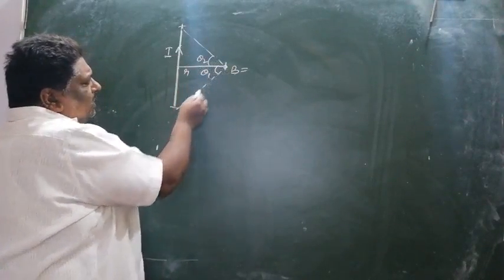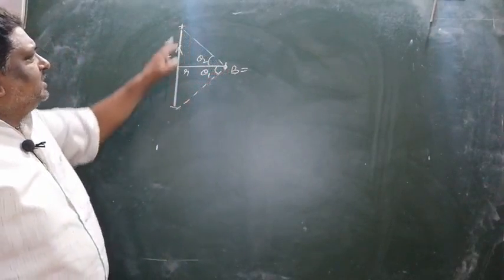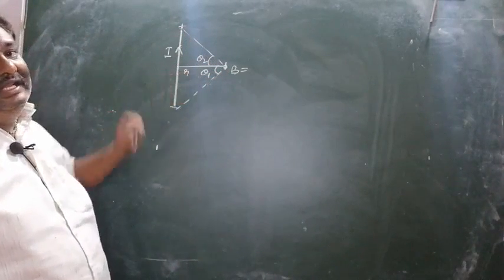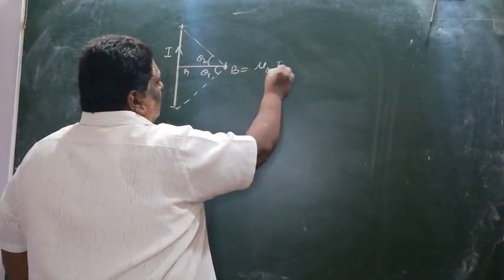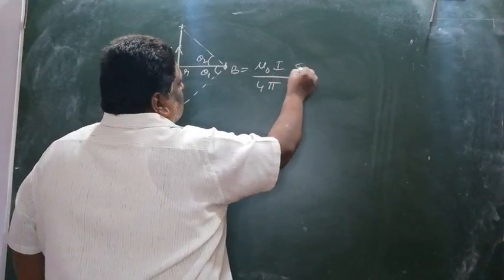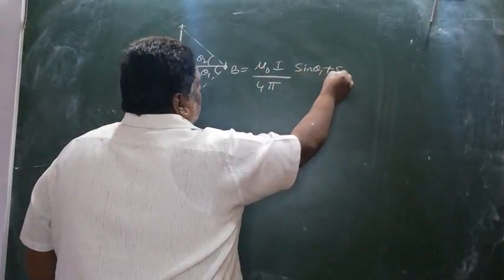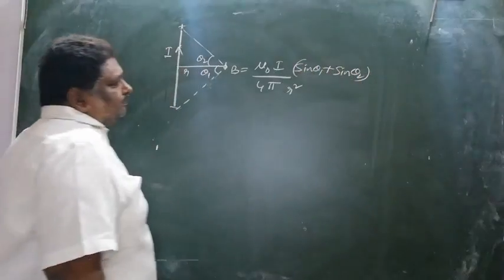So these two ends are joined to this point. These are making theta 1 and theta 2. Then B is equal to mu naught I by 4 pi r into sin theta 1 plus sin theta 2.